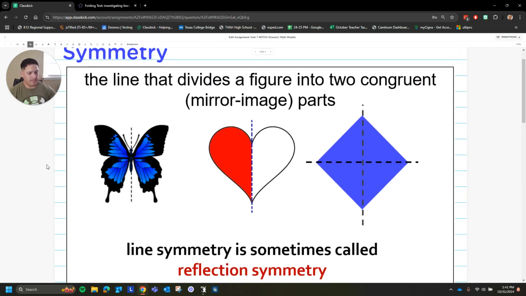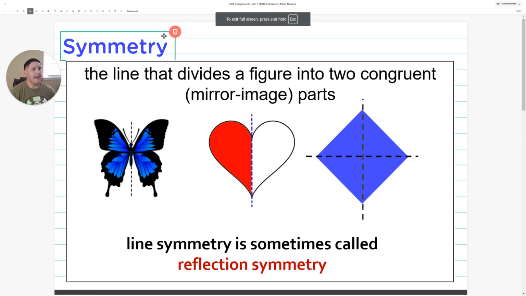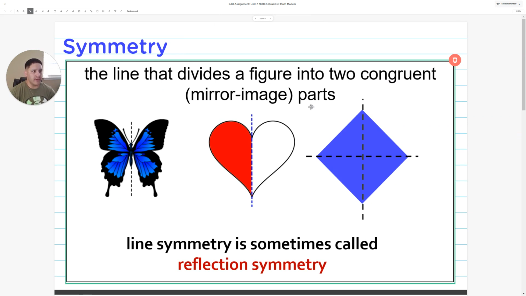So, a line of symmetry is the line that divides a figure into two congruent mirror image parts. So, for example, we have a picture of a butterfly, a heart, and a square, diamond, whatever you want to call it. Along certain fold lines, it is symmetrical, meaning one side looks exactly like the other.